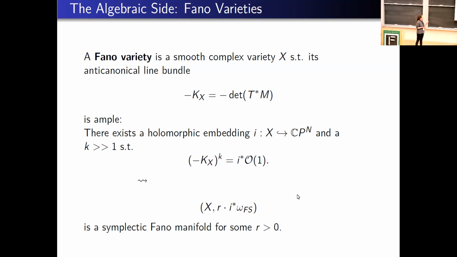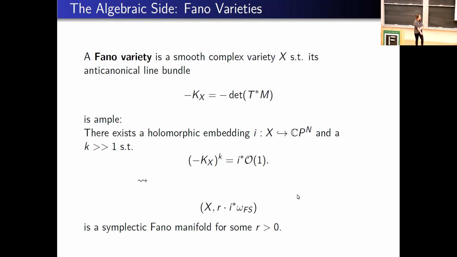when we pull back the canonical line bundle, which I denoted by O(1), via this holomorphic embedding, then this is the k-th tensor power, for some k, of the anti-canonical line bundle.